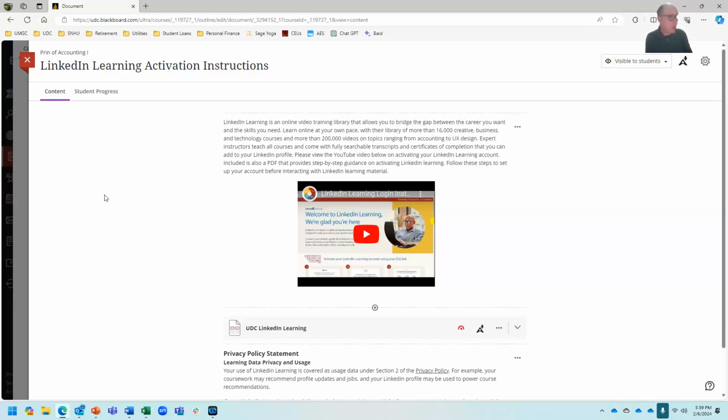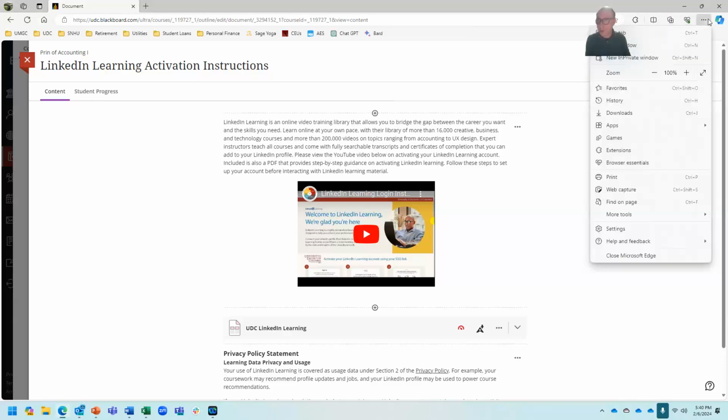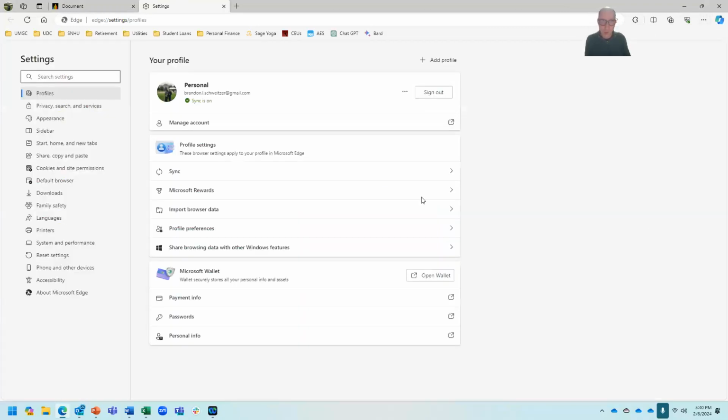The other thing you need to know, and I know that some of you have had this trouble before, is you need to clear your cache, meaning you have to go to the settings on your web browser, and you'll notice there are a couple of options.